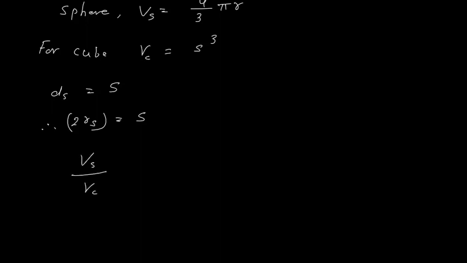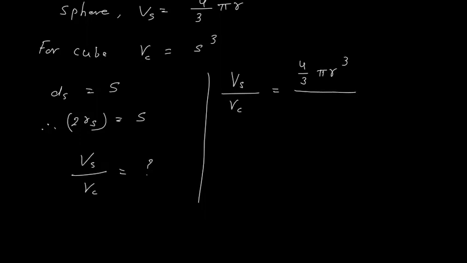Volume of sphere is 4 upon 3 pi r cube, divided by the volume of cube, which is s cube. So this is 4 upon 3 pi r cube, and s is 2 times r, so this is 2r the whole cube.